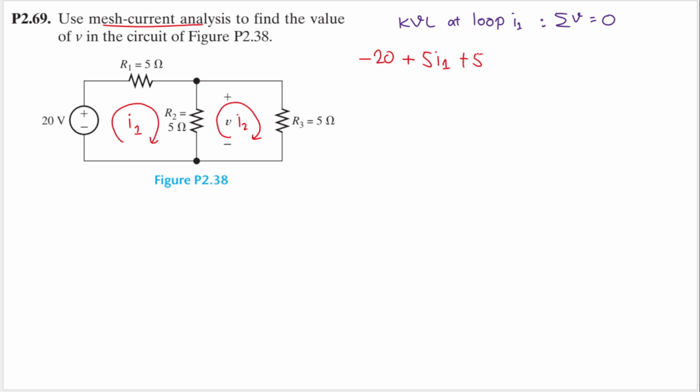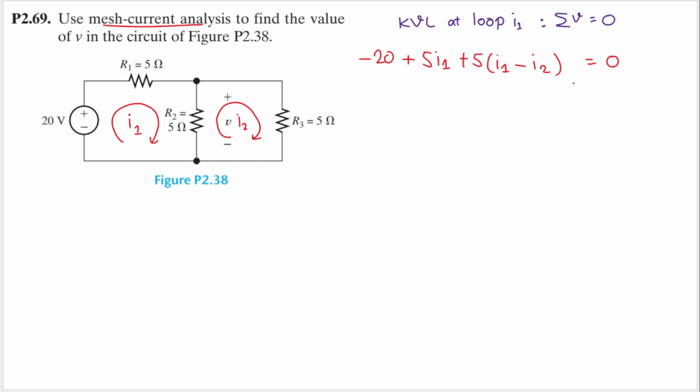We are working on I1 here, so we first write I1, but here I1 is flowing down, but I2 is flowing up. So I2 and I1 are in different directions. So I will have minus I2 here. Okay, good. Because all the components already have it, we will have 0 on the right side.